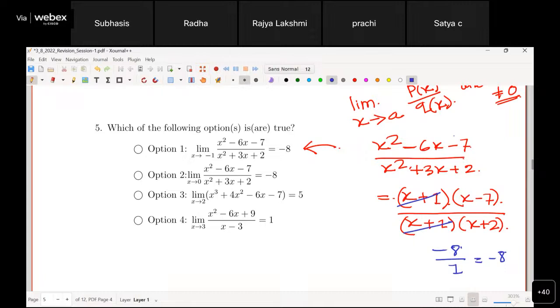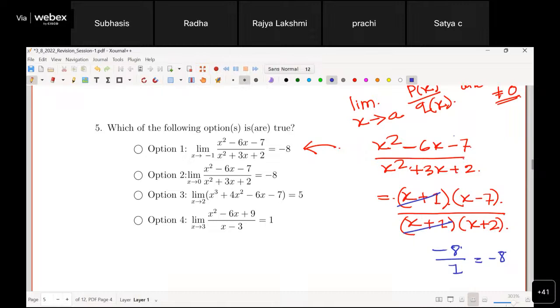We are solving 0 by 0 indeterminate quantities, and there are 7 such indeterminate quantities, like 0 by 0, infinity by infinity. So is this the way to solve all 7 of them?